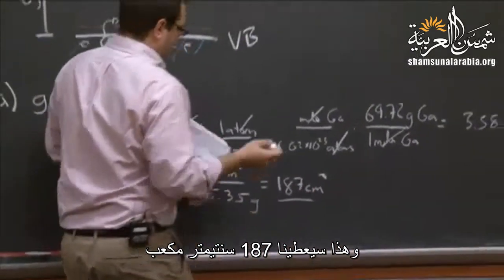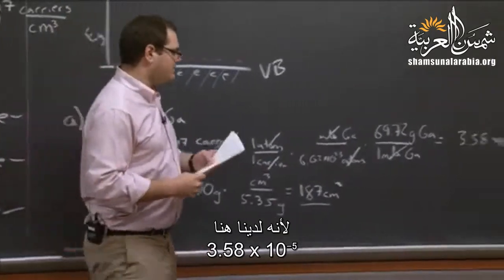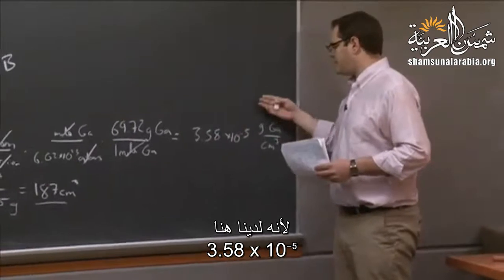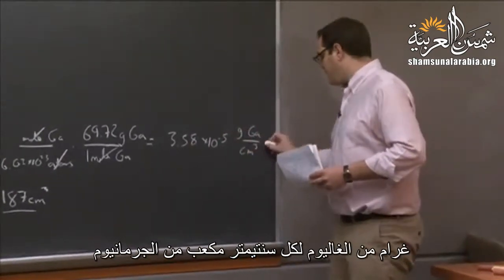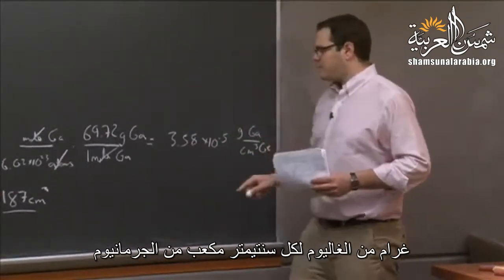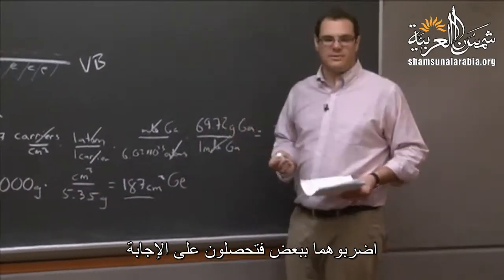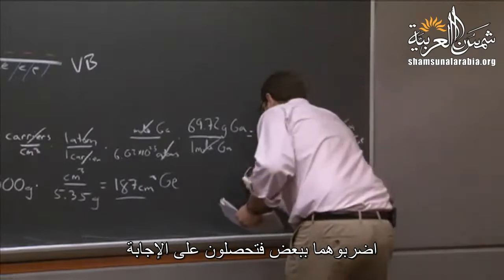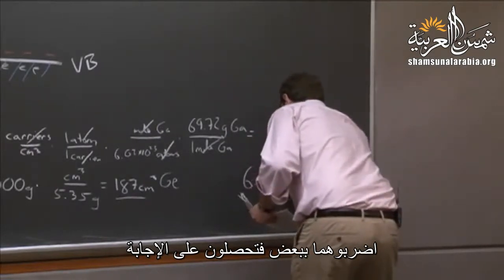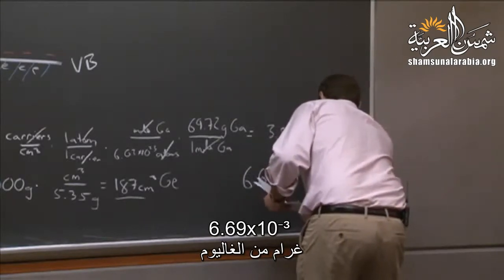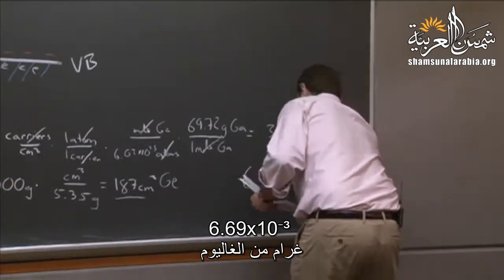Now we're good, because we have 3.58 times 10 to the negative fifth grams of gallium per centimeter cubed of germanium, and we have this many centimeters cubed of germanium. Multiply them together, and you get the answer, which is 6.69 times 10 to the negative third grams of gallium.